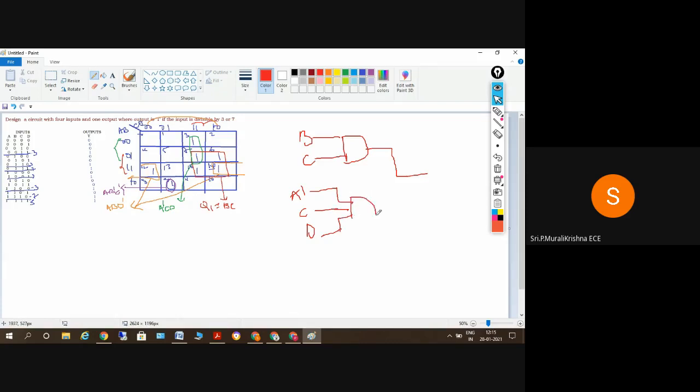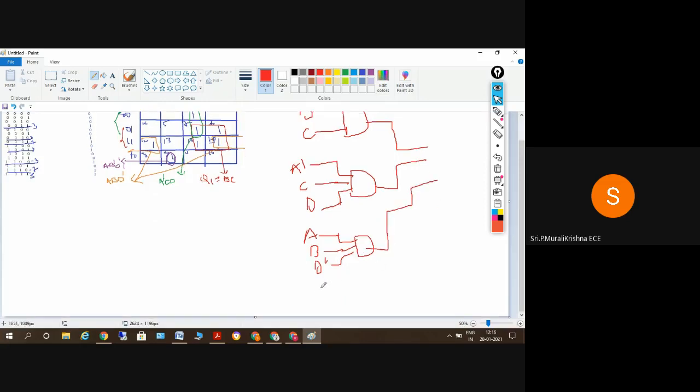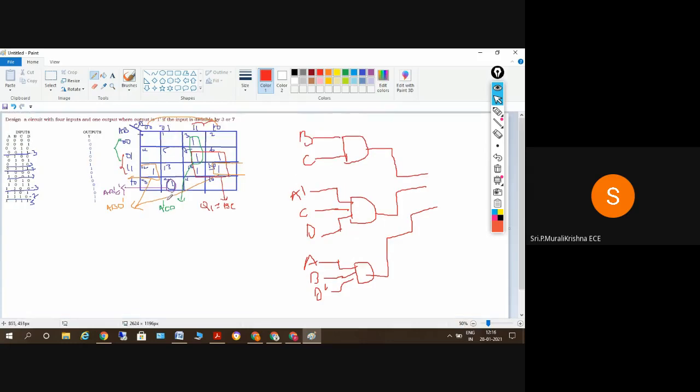The second one is A B B bar. Next A, B, C bar, D bar. These are product terms, so give them to an AND gate. And the last one, what is the last one?